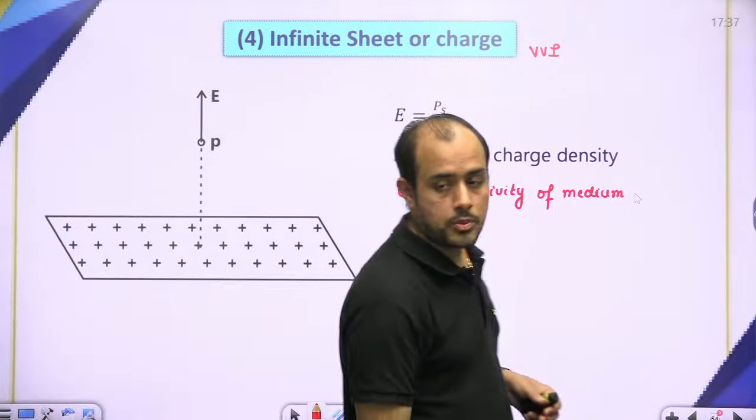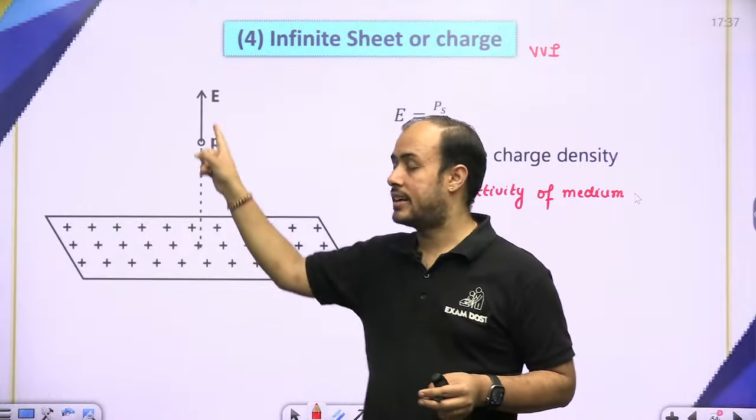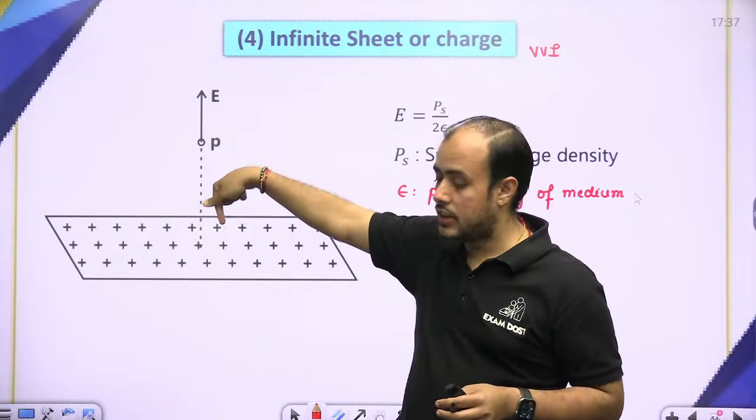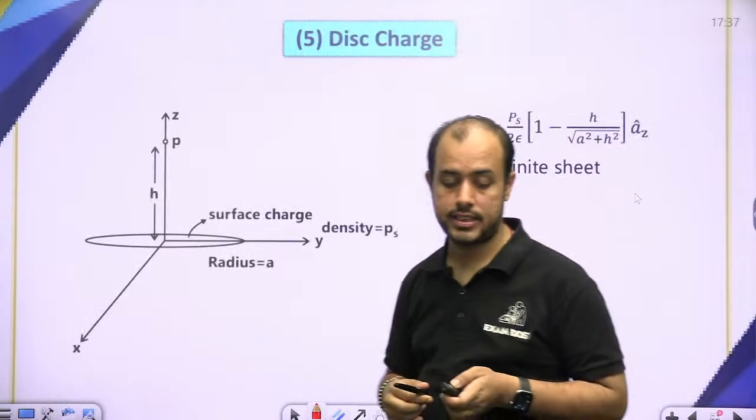Okay. So now beta, if the sheet is positive, electric field will be away. If it is negative, it will be towards the sheet.